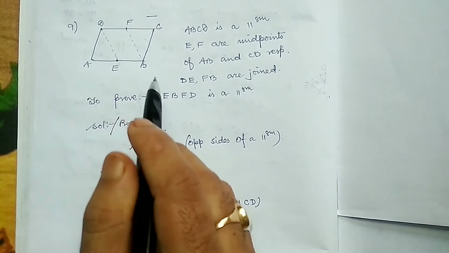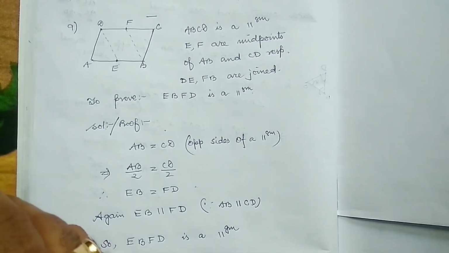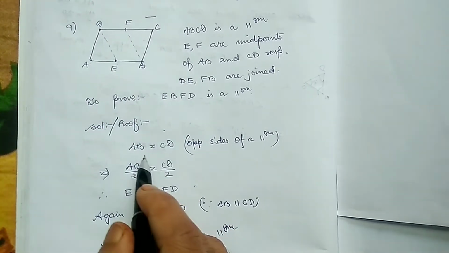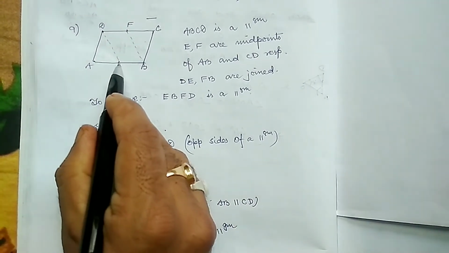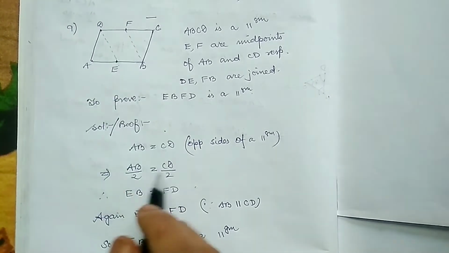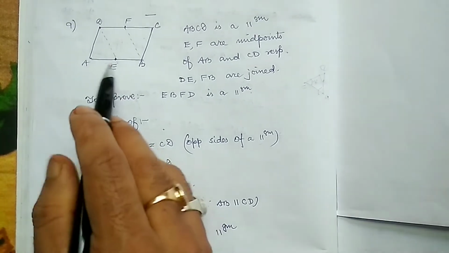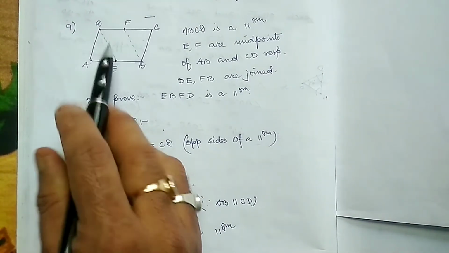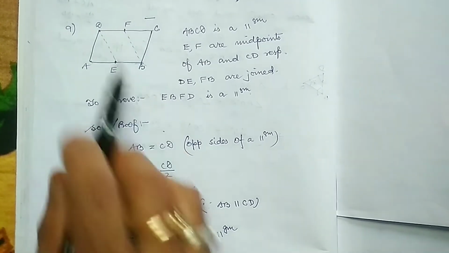Now here, since it is a parallelogram, we know opposite sides of a parallelogram are equal. So AB will be equal to CD. And since E and F are the midpoints, we can divide AB by 2 and CD by 2. AB by 2 will be equal to EB because E is the midpoint, and CD by 2 will be equal to DF because F is the midpoint.